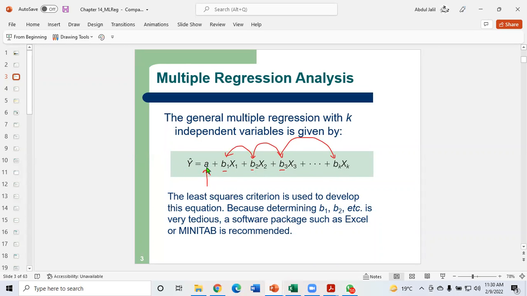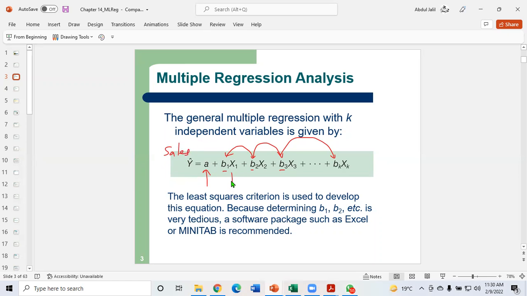Sir, the X1, X2, X3, and X4, all of these are points on the X-axis? No, they are individual variables. X1 is one variable, an individual variable, just like you are saying exactly. Sales is going to depend on what?